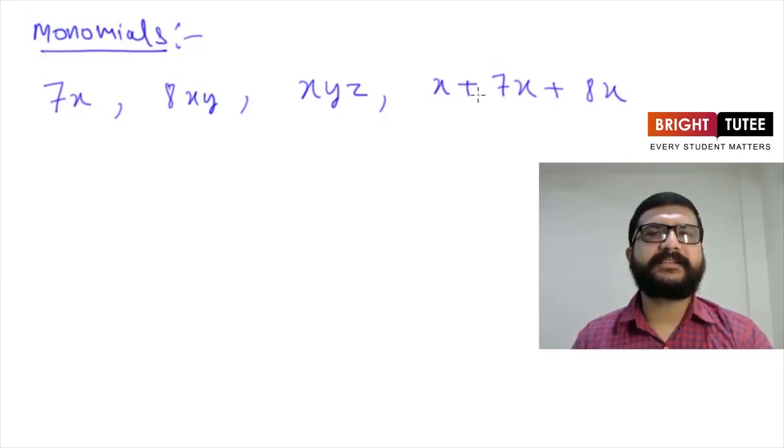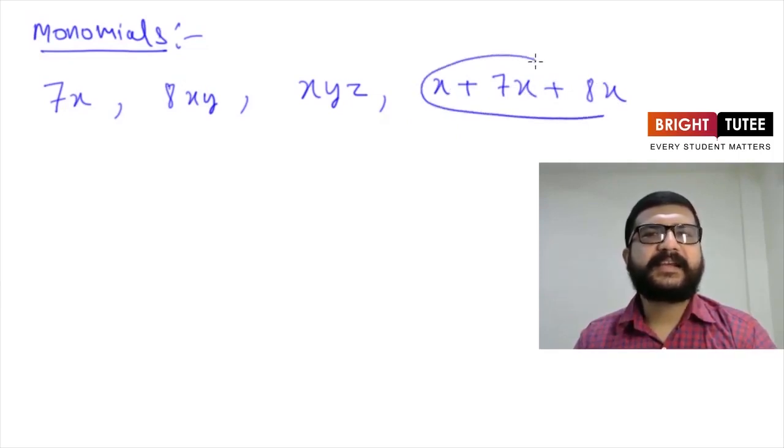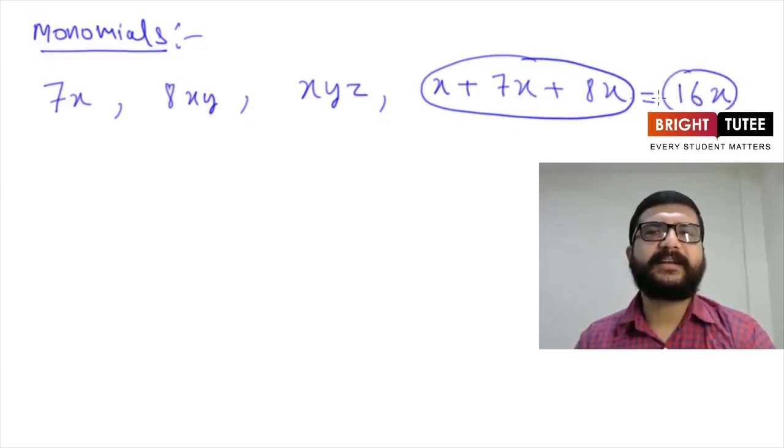Now how many terms are there in this expression? In this expression there are 3 terms, or it is only one term. It is basically only one term because all the terms are like terms. This can be written as x plus 7x will be 8x, and 8x plus 8x is 16x. So this is nothing but 16x. So this is also an example of a monomial.